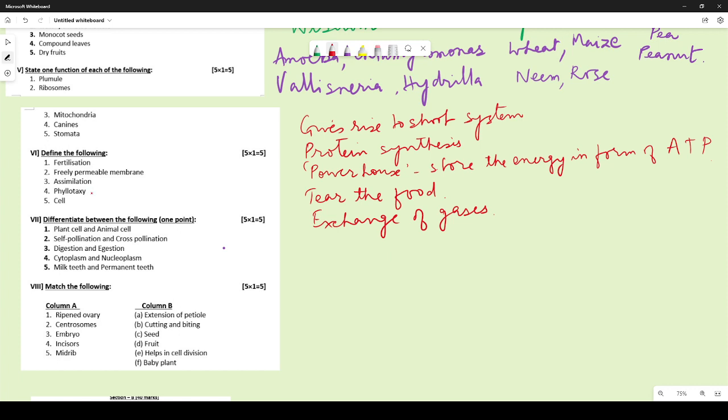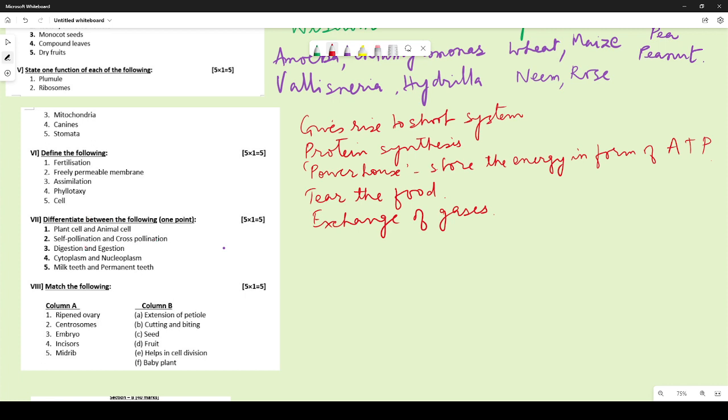Phyllotaxy is the arrangement of leaves on a plant. Cell is the structural and the functional unit of life. So those were for the definitions. I'm not writing them because you already know them. They are already given in your textbook.